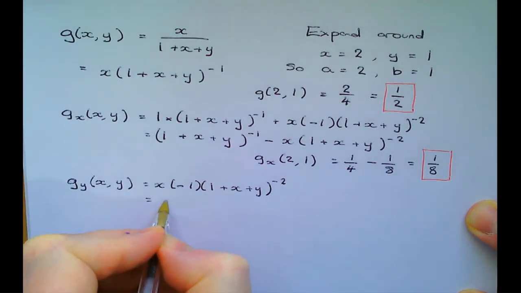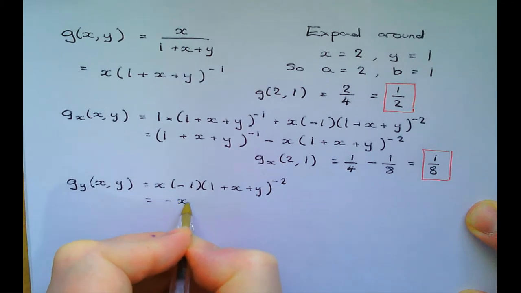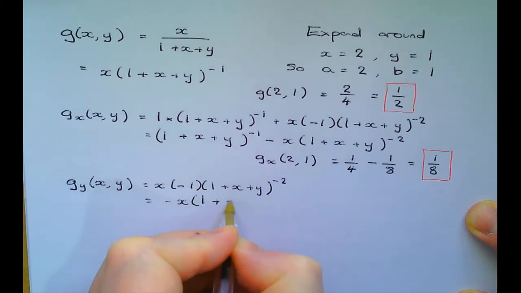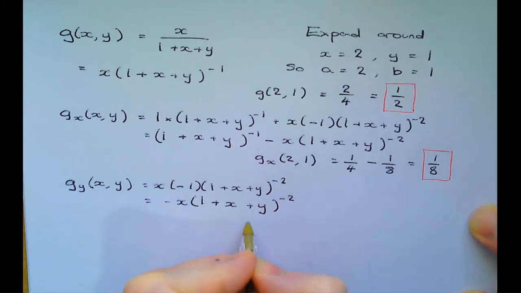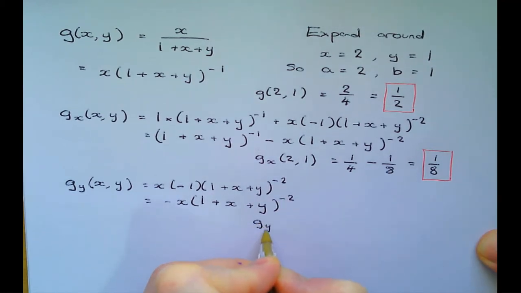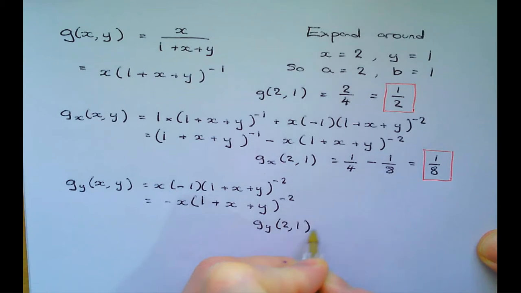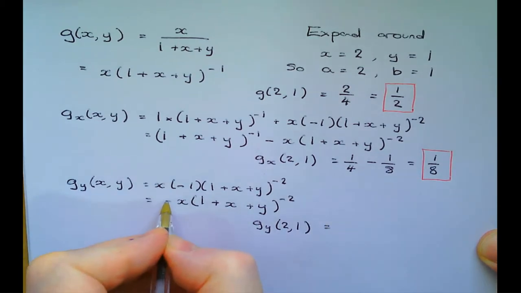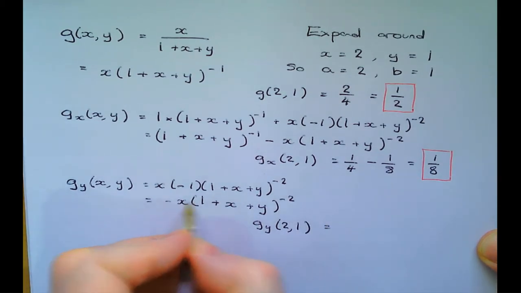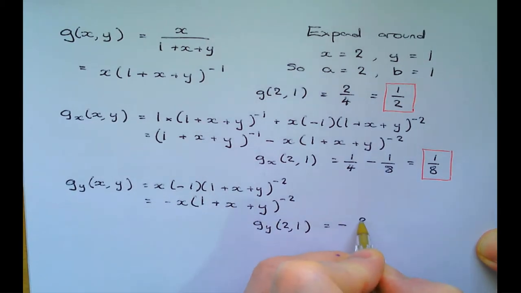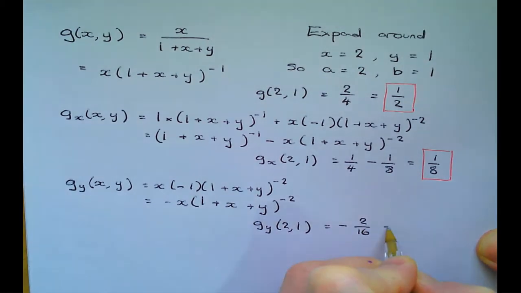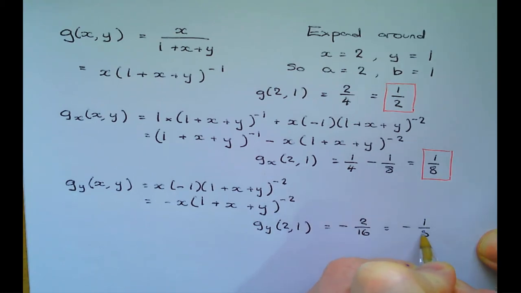So that comes to minus x times 1 plus x plus y to the power minus 2. And g_y at the point 2, 1 will be minus 2 times 1 over 16. That's minus 1 over 8.